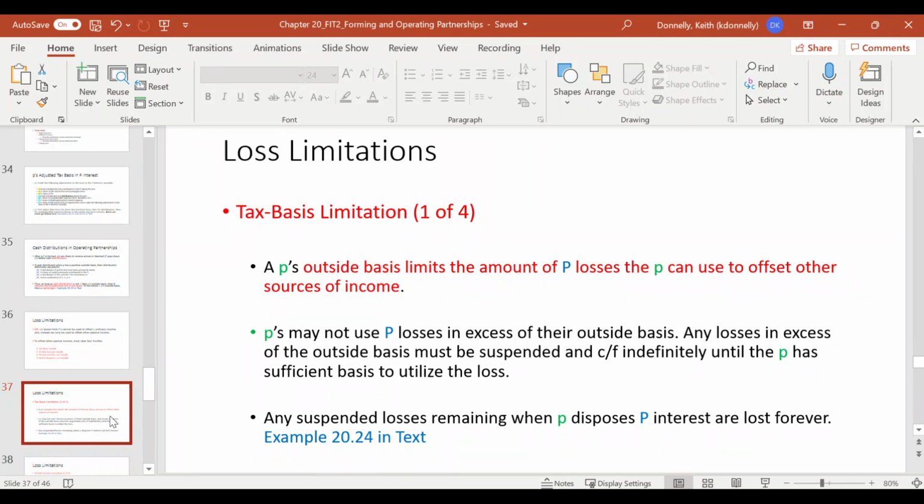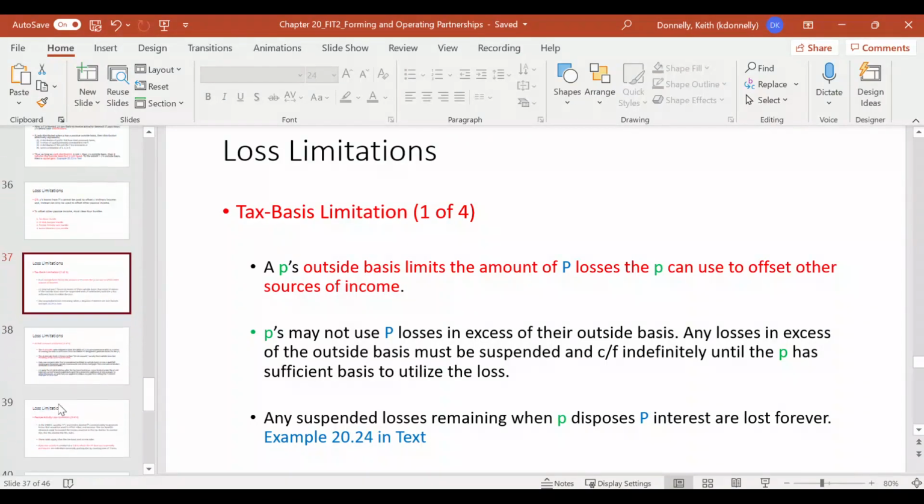The tax basis limitation. So a partner's outside basis limits the amount of the partnership losses the partner can use to offset other sources of income. Partners may not use partnership losses in excess of their outside basis. Any loss in excess of the outside basis is suspended and carried forward indefinitely until there's basis to use it.